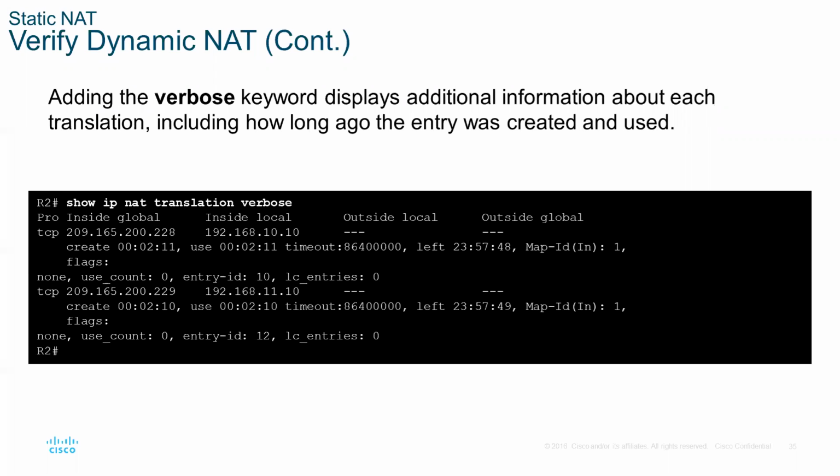So this is where it shows us how long it's been in use, how long it's got to go, where it times out at, what's left on it. So it was created 2 minutes and 11 seconds ago. It's been in use for that entire time, and it's got a valid shelf life of so many seconds, and then it will translate those seconds into hours, minutes and seconds for you for the remaining time.